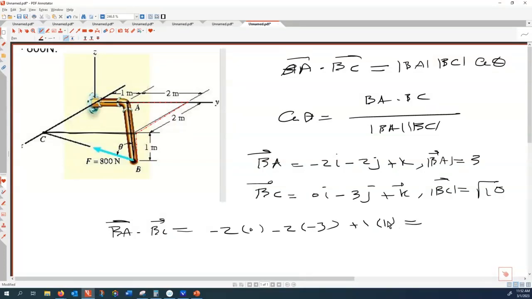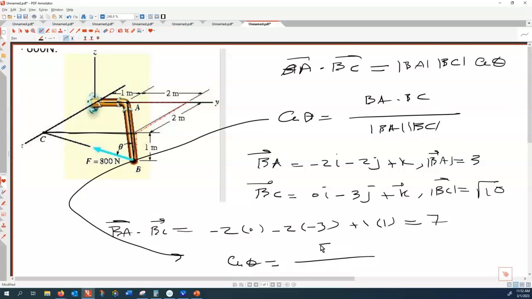This is 6, this is 7, right? Okay, so now I just plug everything in that equation. Cos theta becomes 7 divided by 3 times root 10. And you find theta from there.